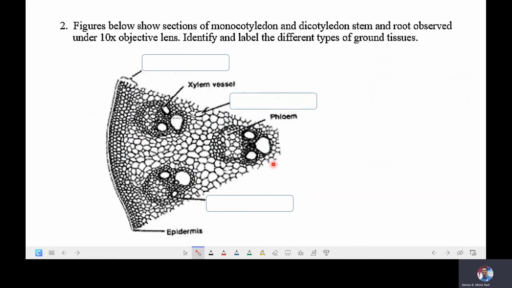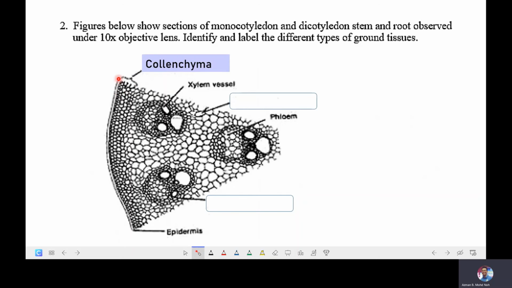Now let's move on to question number 2, in which we need to identify and label the different types of ground tissues. Remember, when we talk about the ground tissues, it will be about the parenchyma tissues, the collenchyma tissues, and also the sclerenchyma tissue. So over here will be the collenchyma.